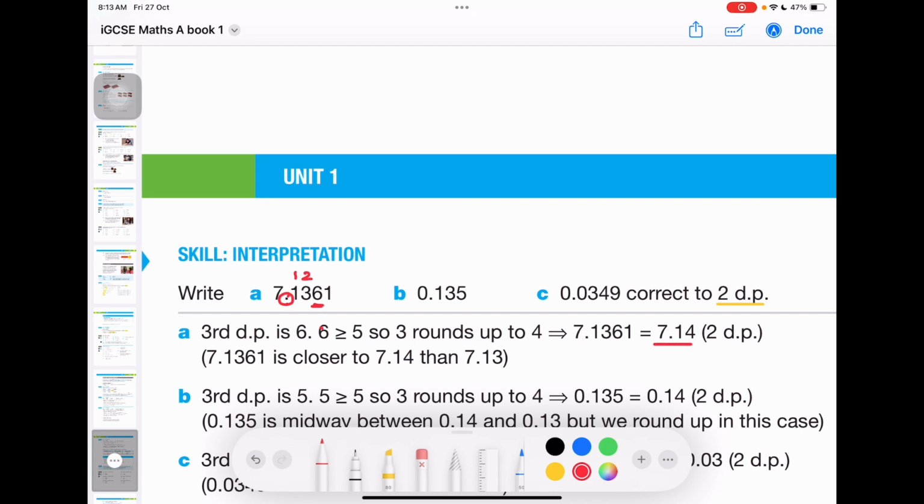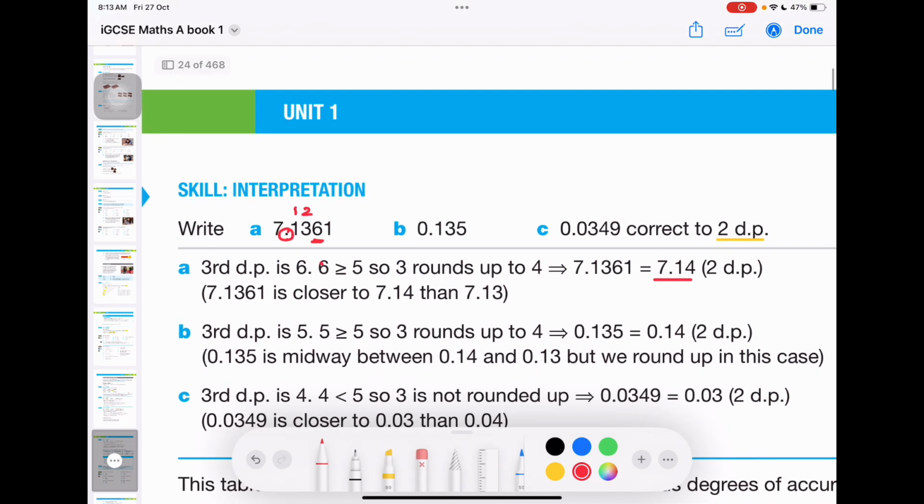If we look at part C, we have in this case 0.0349. Just take note that we are interested in 2 decimal places. In this case, the decimal places don't care about zeros in front or not. Anything after the decimal point, we will be interested in.